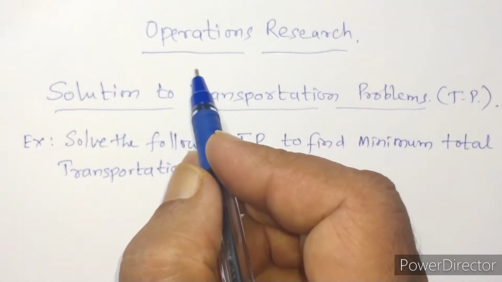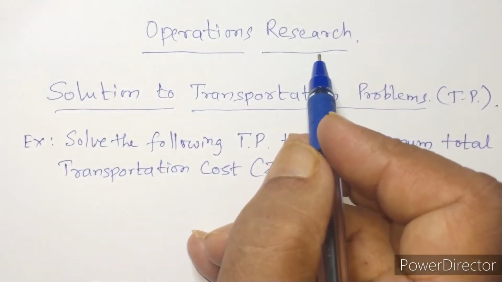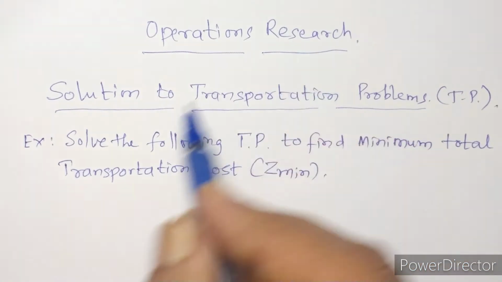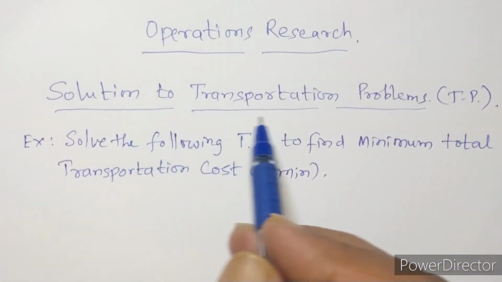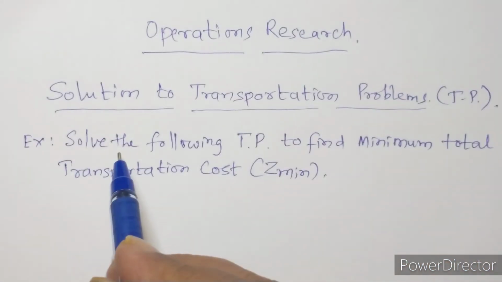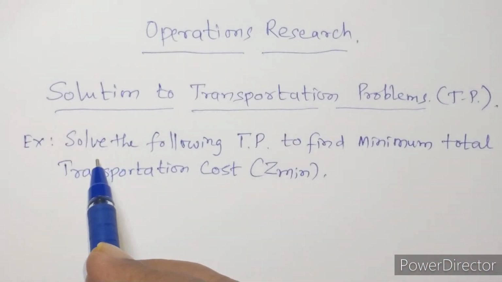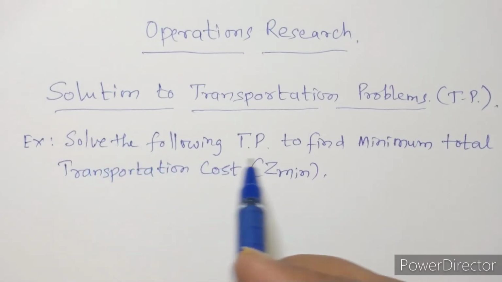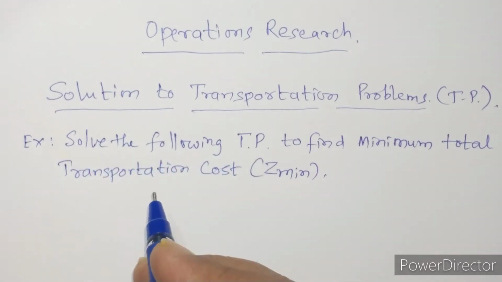Hello, in continuation to the operations research problem solutions, we will consider the solution to the transportation problem, TP. Now, we will take one example. Solve the following transportation problem to find the minimum total cost.